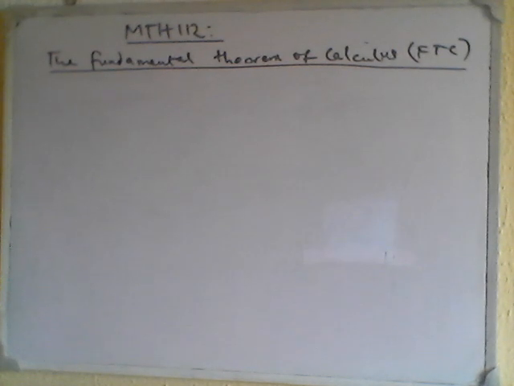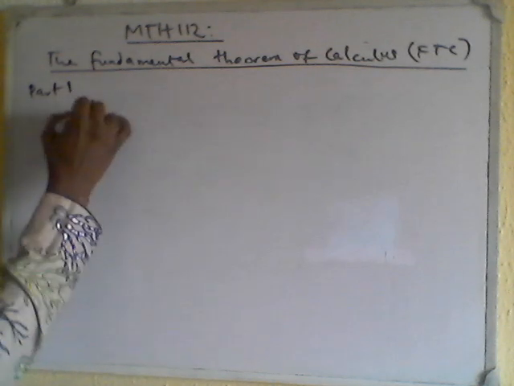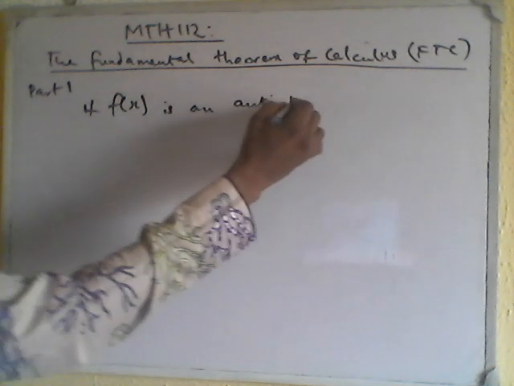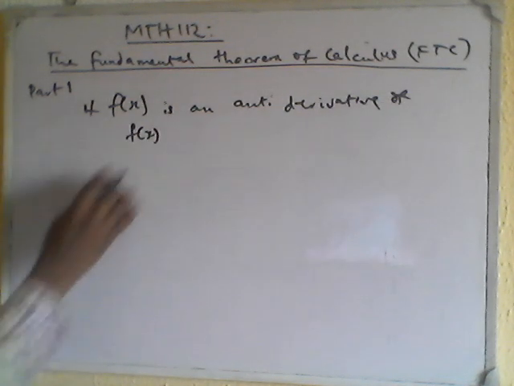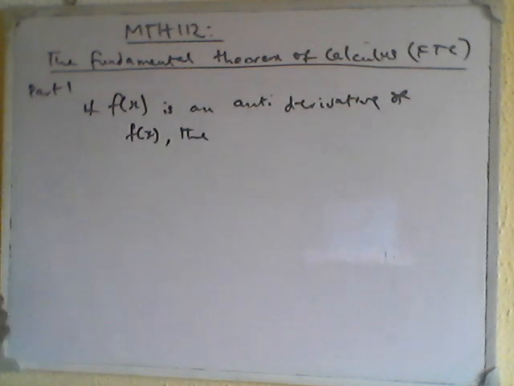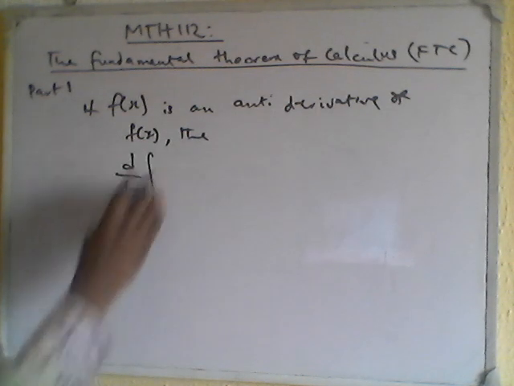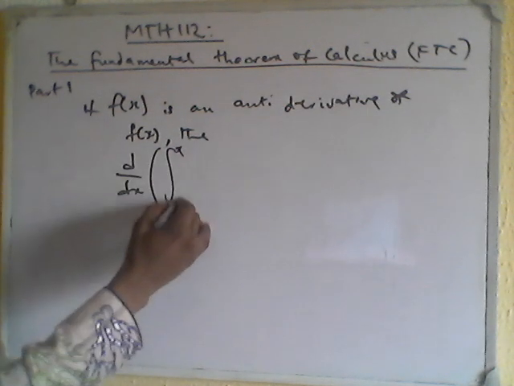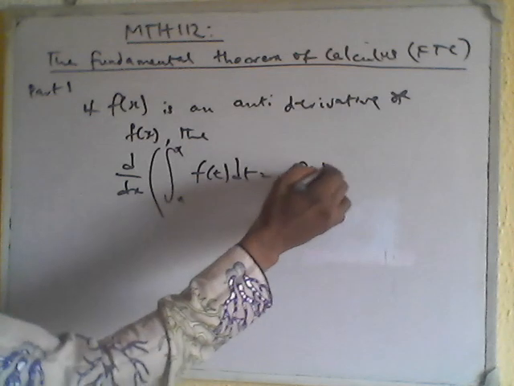So for the fundamental theorem of calculus, for part 1, if F of x is an antiderivative of f of x, then d dx of this integral, let me put a bracket here, bounded by a and x, f of t dt, is equal to f of x. That's for the first one.